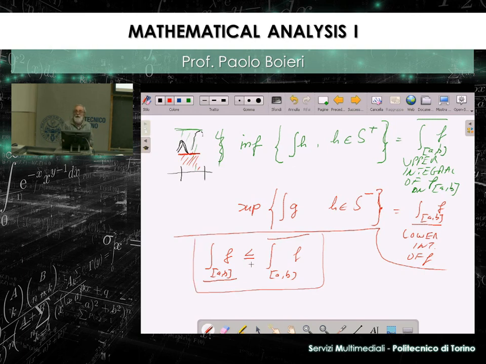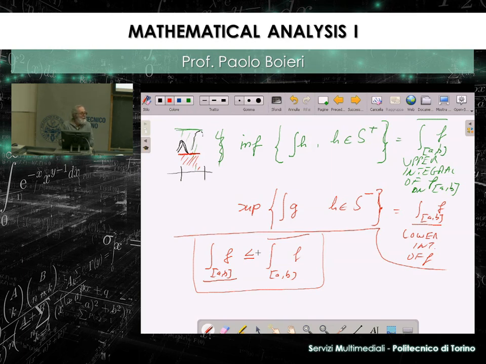When there is equality, it is integrable. But the question is, is it possible to find a function for which there is no equality? Okay, there is a strict inequality. In other words, there are functions that are not Riemann integrable.